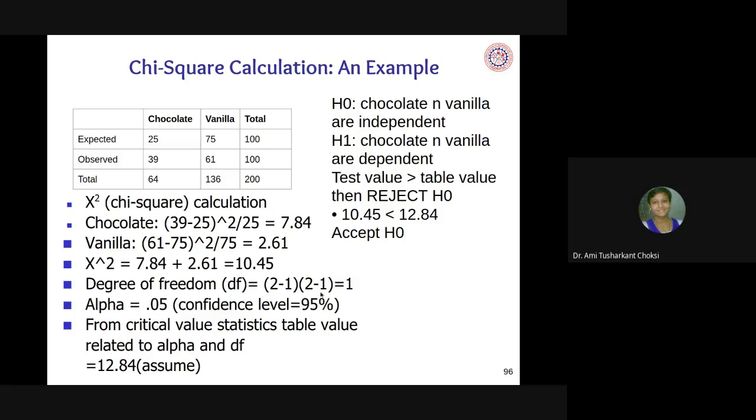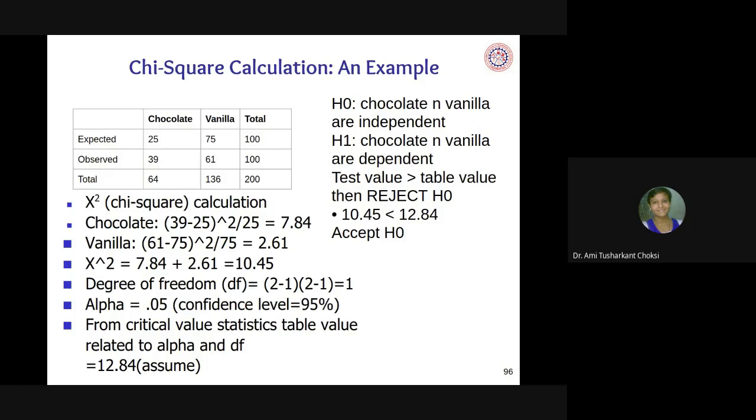So O is observed and E is expected. For chocolate, O is 39 and E is 25. So 39 minus 25 squared, divided by E. See, here we are finding the individual items and afterwards we will do the summation, right?